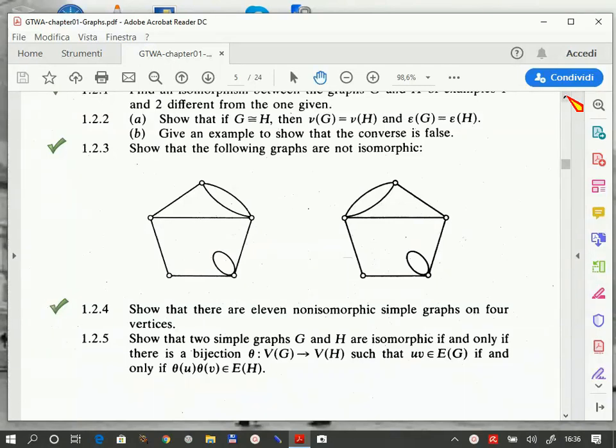And for each of these 5 factorial possibilities, how many edges do you have? 1, 2, 3, 4, 5, 6, 7, 8 edges, and so you have 8 factorial bijections between edges on one side and edges on the other side. So 5 factorial times 8 factorial. I know that you have computers, but don't let them make you lazy.